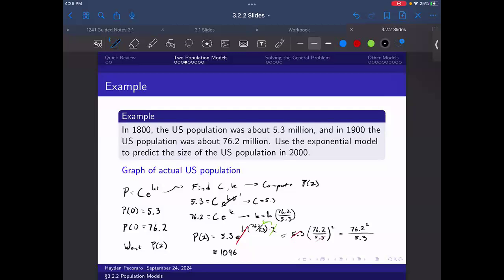That's pretty darn big. It's saying 1,096 million in 2000. Well, that doesn't sound right, does it? I don't think we have a billion people in the US just yet. So the exponential model kind of works, but it doesn't predict that far out.